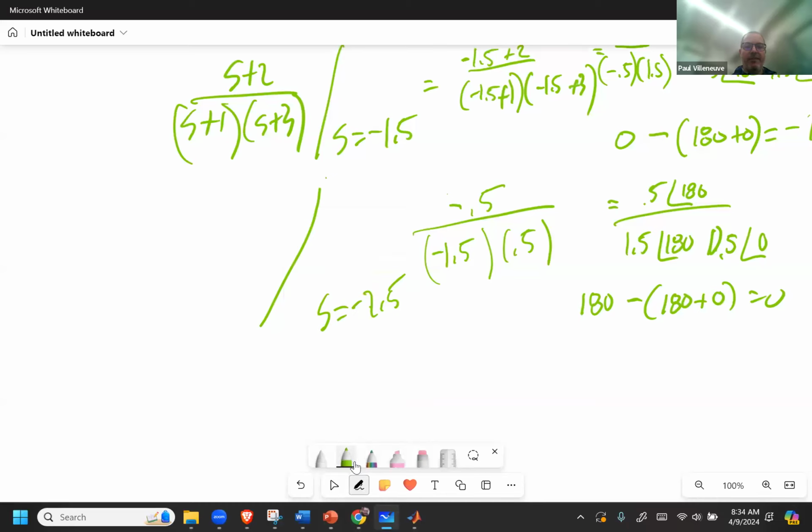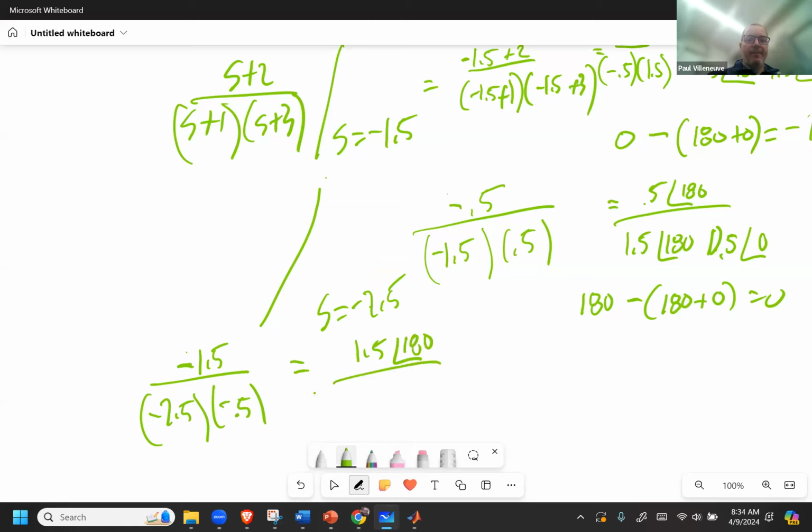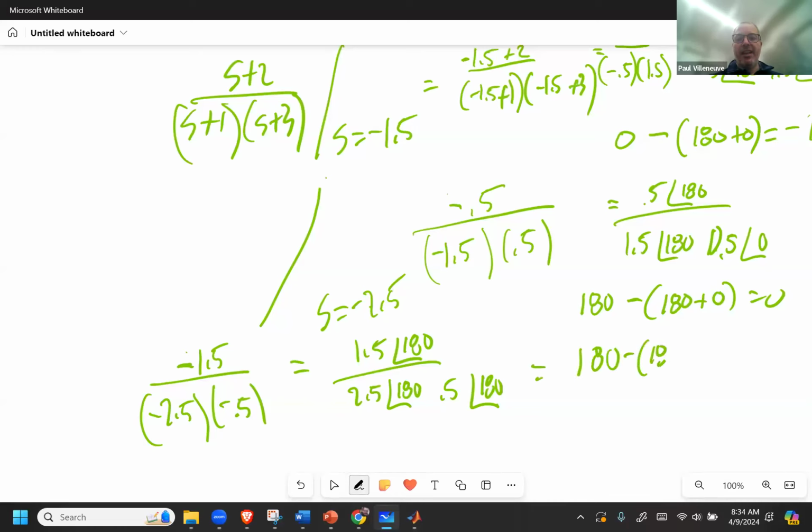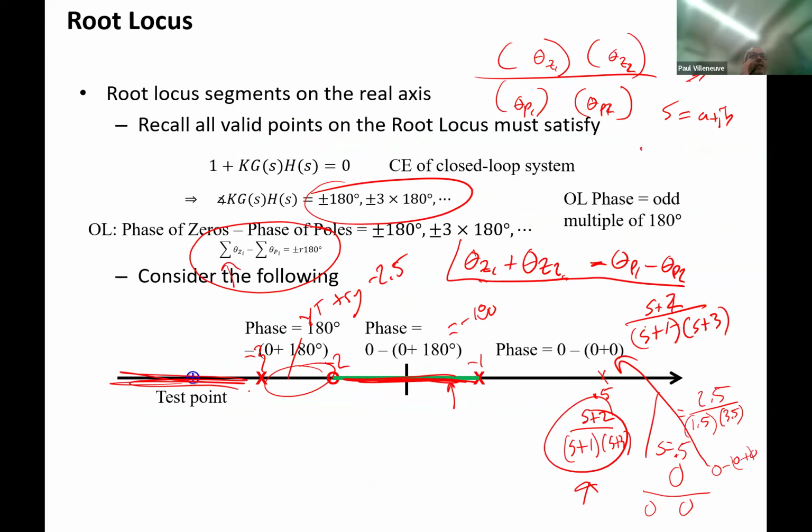So minus 3.5 is going to give me minus 1.5 in the numerator, minus 2.5, and minus 0.5 here. That's going to equal 1.5 at an angle of 180 over 2.5 at an angle of 180 times 0.5 at an angle of 180. When I do my angle calculations, 180 minus 180 plus 180 equals minus 180. Is that a valid point? Sure is. So I have root locus points over there.